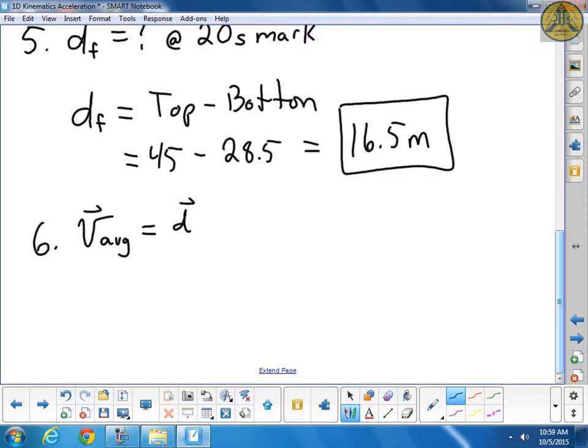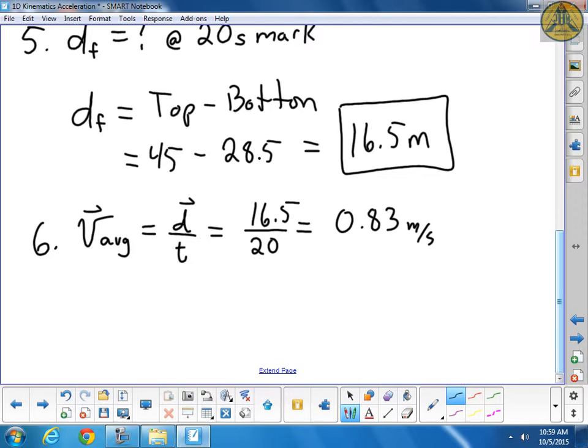It's a quick reminder that the displacement, change in position, I'm getting that value by doing the final position minus the starting position. The final position is 16.5. Starting position is 0. So 16.5, just in case you don't know where I got the value from.